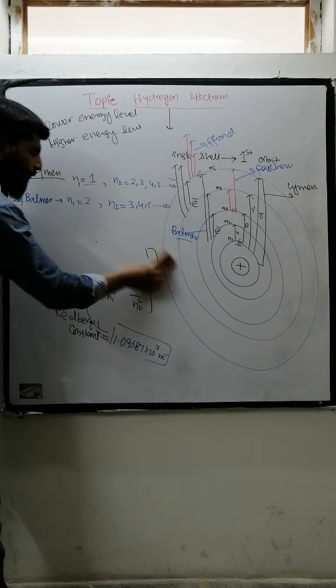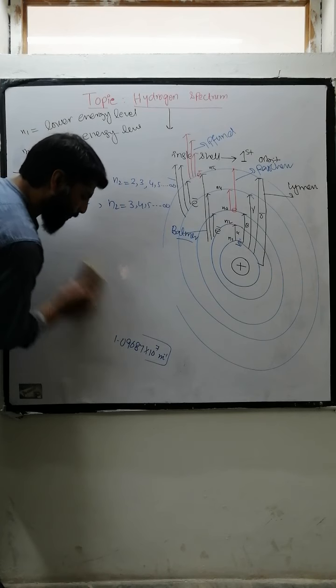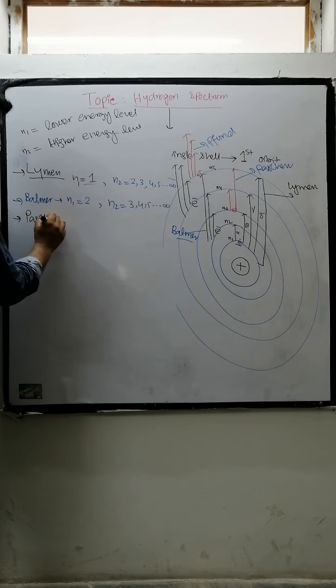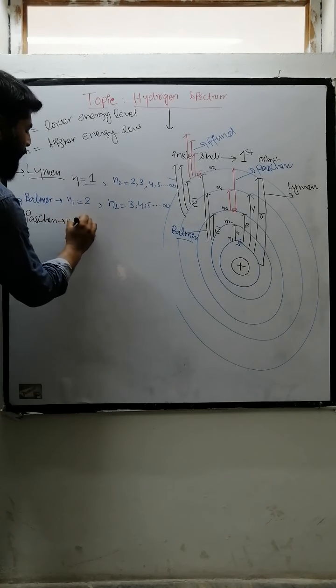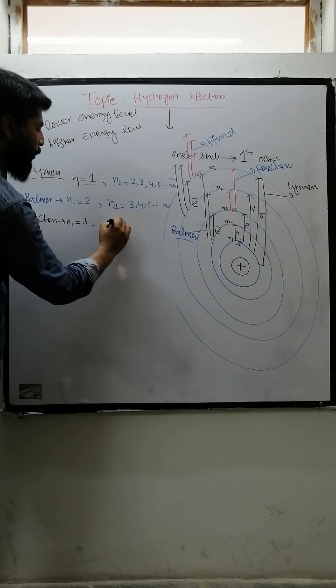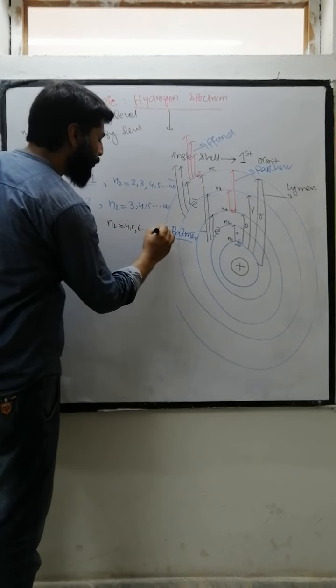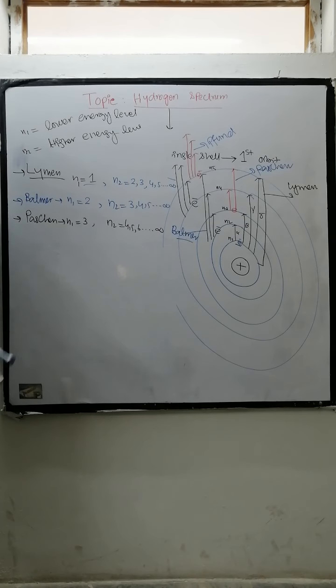Students, for the Paschen series, n1 will be equal to 3 and n2 will be equal to 4, 5, 6 and so on up to infinity.